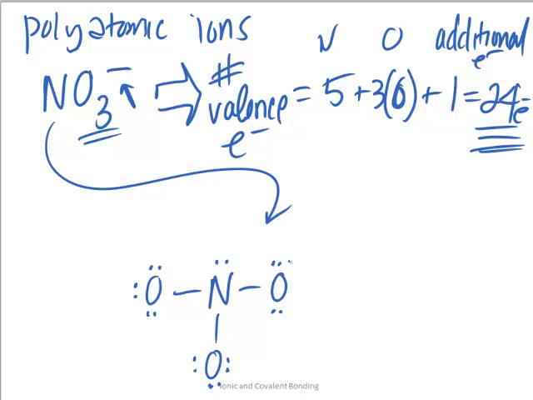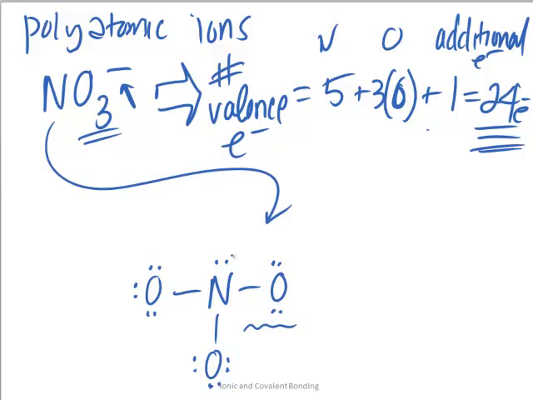So that is all the electrons we have, so that's all we can show. But if we take a look at this species, it turns out that this is not the most stable form of this ion, because as you can see, this oxygen atom does not have the octet.